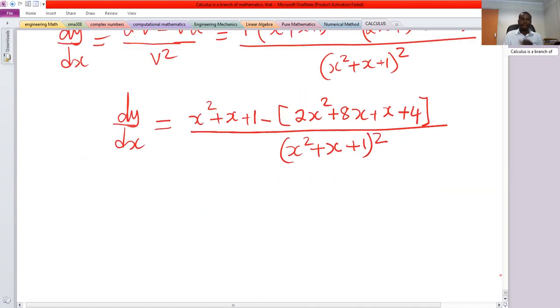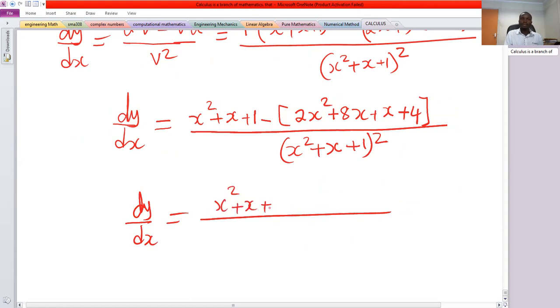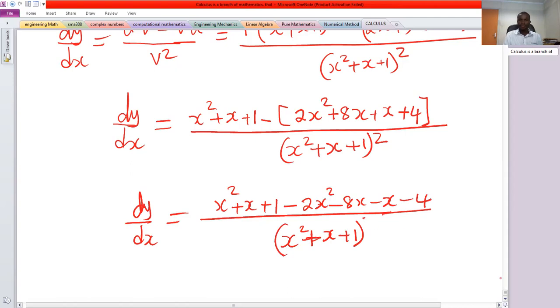Now we simplify further. dy/dx is x squared plus x plus 1 minus 2x squared minus 8x minus x minus 4, over (x squared plus x plus 1) squared.